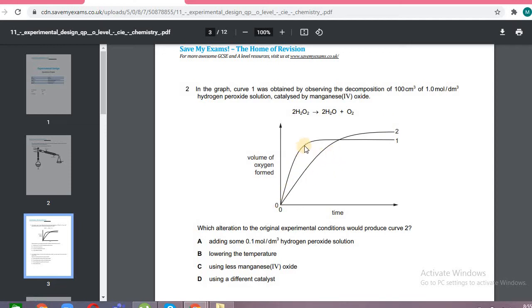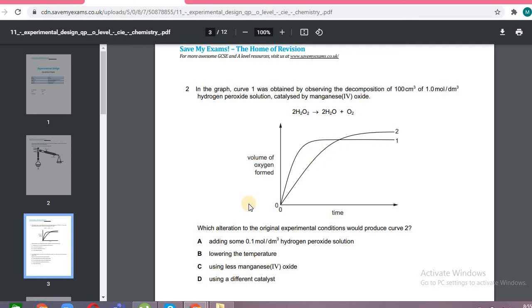The steeper the curve is, the faster the reaction is. And here the level of the curve explains that the product of the reaction shown by curve 2 is more as compared to the product, the volume of the oxygen gas produced in experiment 1, shown by curve 1, which is less as compared to curve 2.